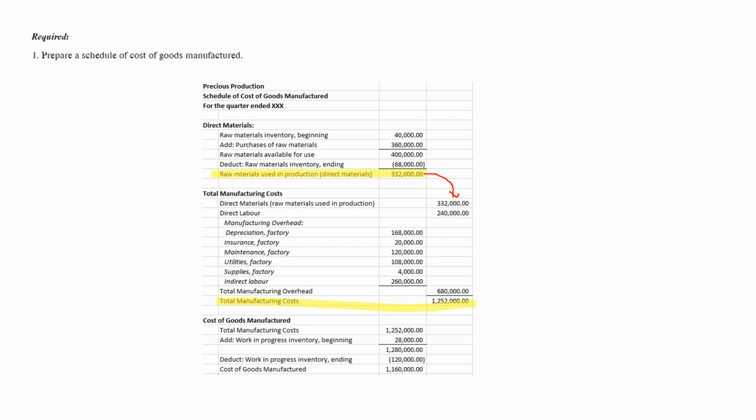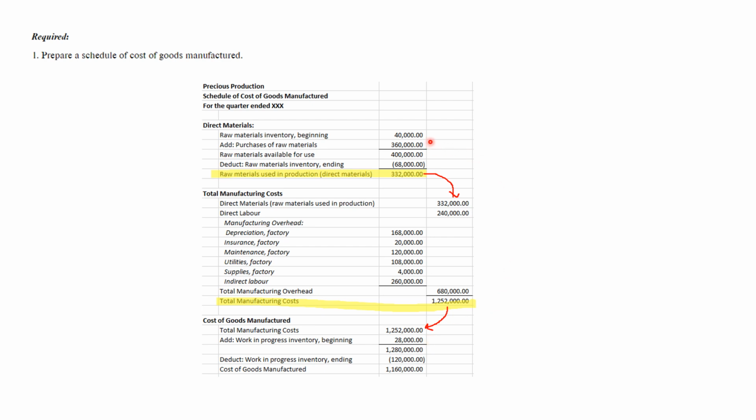And then to get to our next schedule for the cost of goods manufactured, we took this 1.25 million, brought it down to our total manufacturing cost. And once again, just the same as the first schedule, we took our total manufacturing cost, added it with our work in progress beginning.